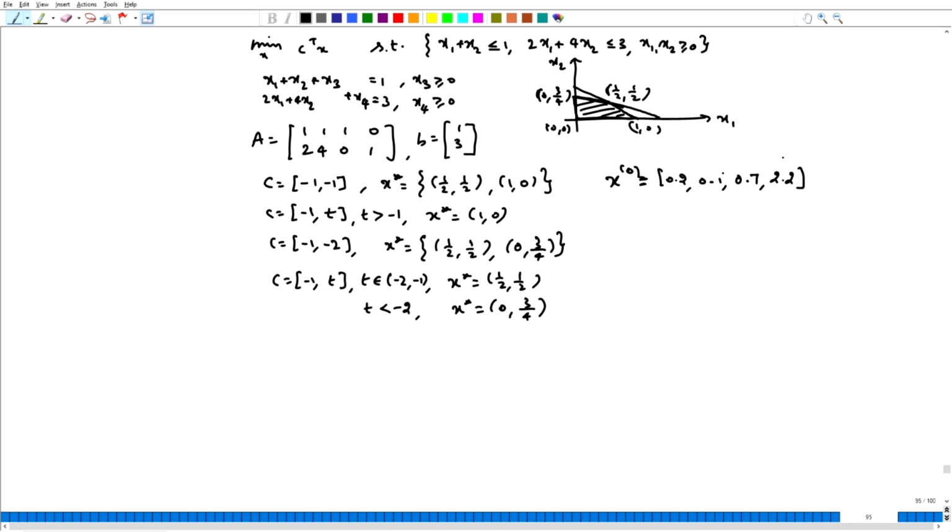Let me write down A, b, c and x0 and then leave it to the code.